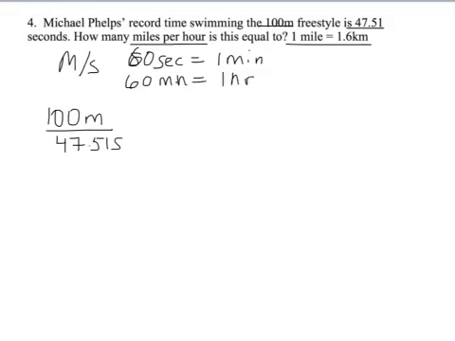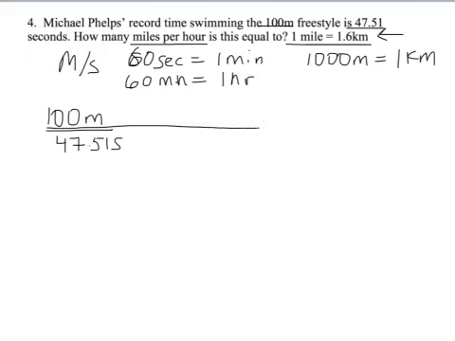Also, we want to be able to remember that there are 1,000 meters in a kilometer. And what else do we have? And I guess the only other thing is this here. Every 1 mile equals 1.6 kilometers.